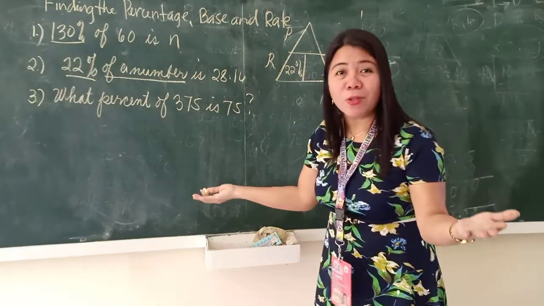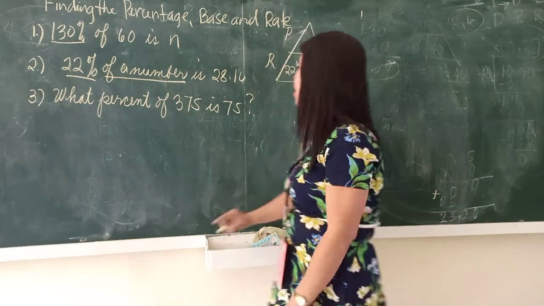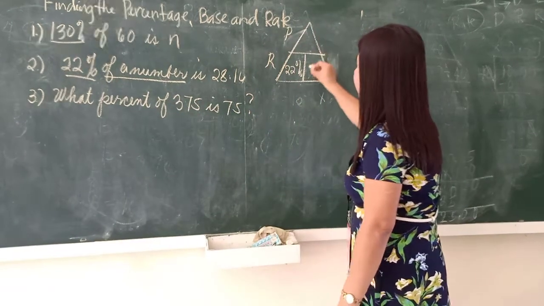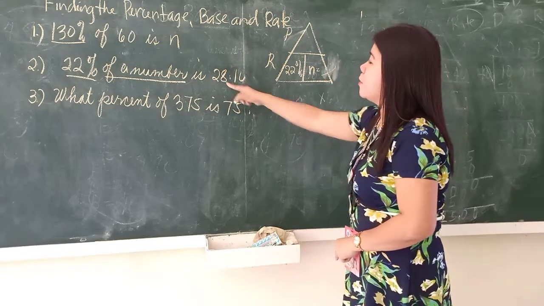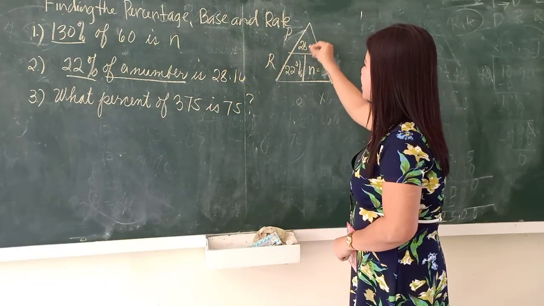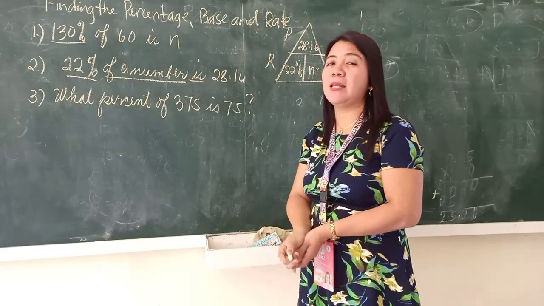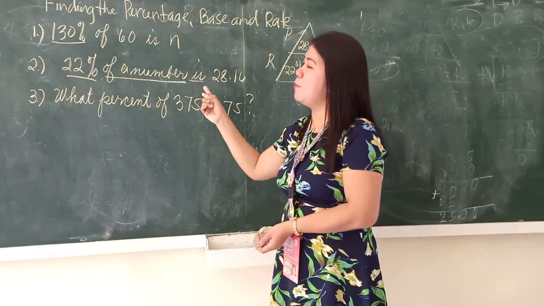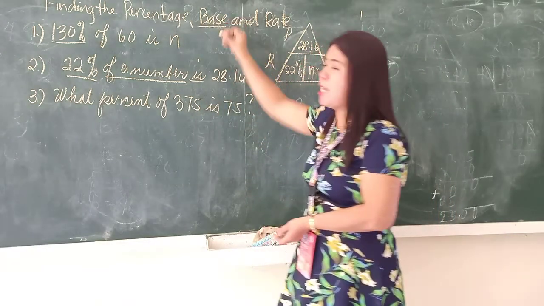Wala takabalo kung ano na siya nga number. Since ga-follow siya sa of, base na siya. So, n din base ta. And 28 and 16 hundredths is a percentage. Since gisunod siya sa is. Therefore, in problem number 2, we will be solving for the base.